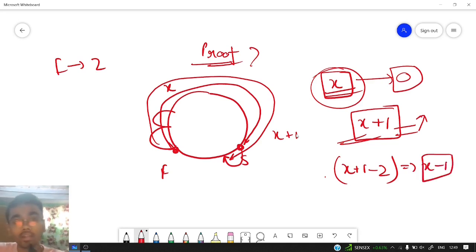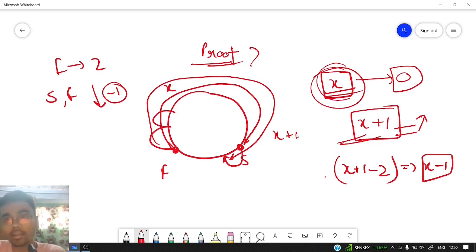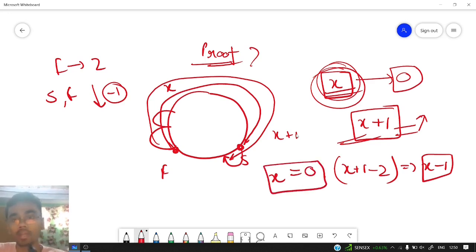So after one iteration of both the slow pointer and fast pointer, our distance decreases by 1 unit. So after x number of iterations, whatever that x may be, this x will turn out to be 0 at some point of time.